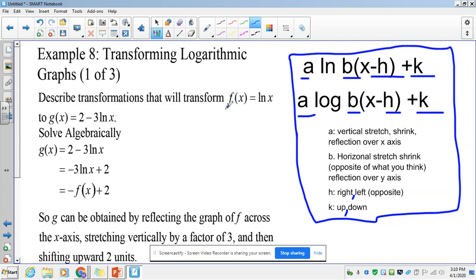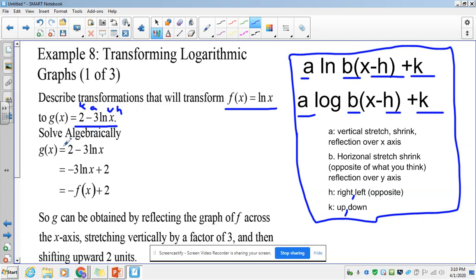So here is your natural log equation. If I give you this natural log and I ask you how this transformed it, I do want you to realize a lot of times with log, the k is out in front. So here would be your k, here would be your a, and then here would be your h, and here would be your b. So h and b don't exist, so there's no horizontal transformations at all. You only have vertical transformations.